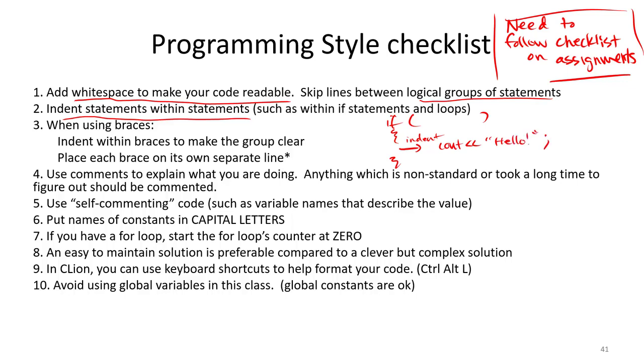Within braces or within if statements and for loops, you need to indent. Also, you indent within braces and place each brace on its own line. There's another way of doing braces we'll talk about in just a moment. Also, comments. We talked about comments previously. Use comments to explain what you're doing. You don't have to comment every line of code.